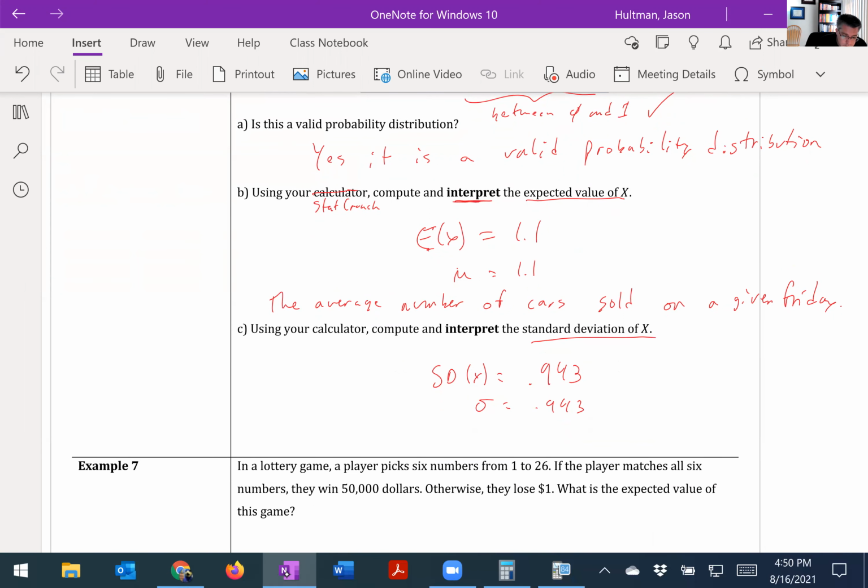Well, the standard deviation is the amount of variation from the mean, or from the expected value, on average: 0.943 standard deviations away. It's 0.943 standard deviations from that mean.